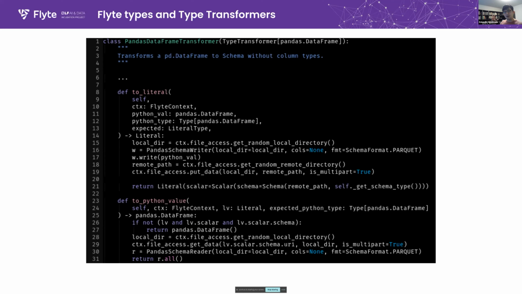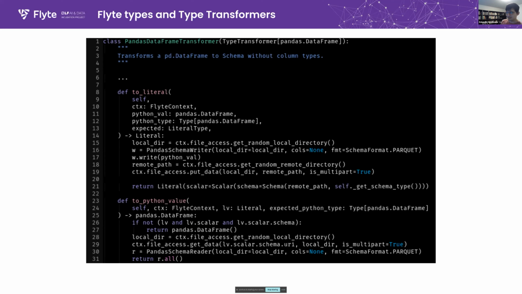So when we have a pandas data frame that has to be mapped to a literal, Flyte never really knows about the content of the data frame. It just knows about this schema object, this reference to a remote path. That's how we represent data frames in the backend.